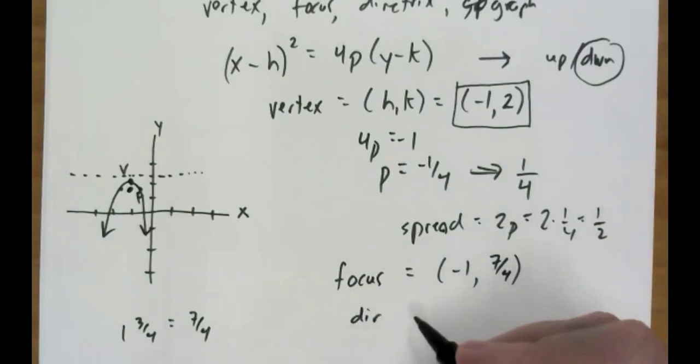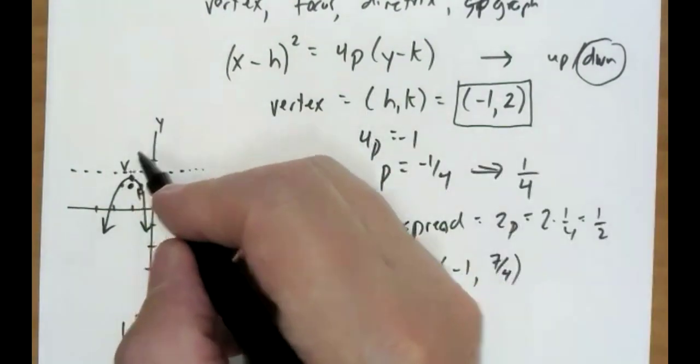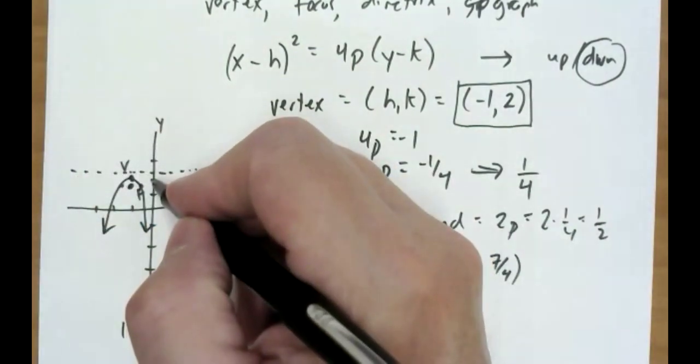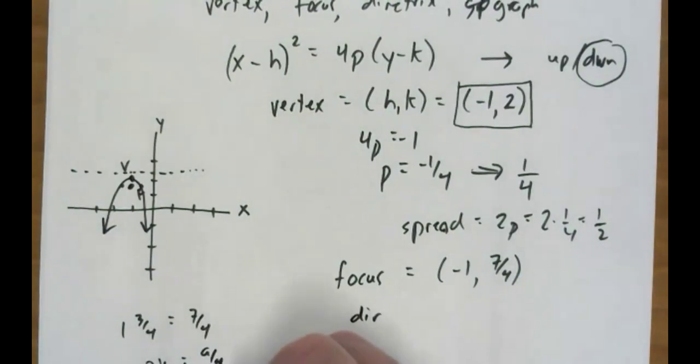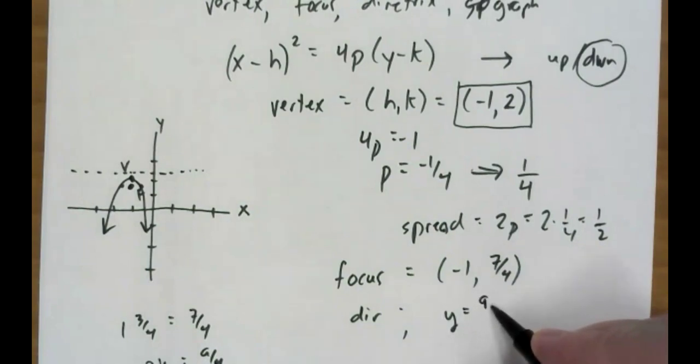Now for the directrix, from the vertex, I moved up 1/4. The value of y at the vertex was 2. If I move up 1/4, that's 2 1/4, which is actually 9/4. So the directrix should be the line y equals 9/4.